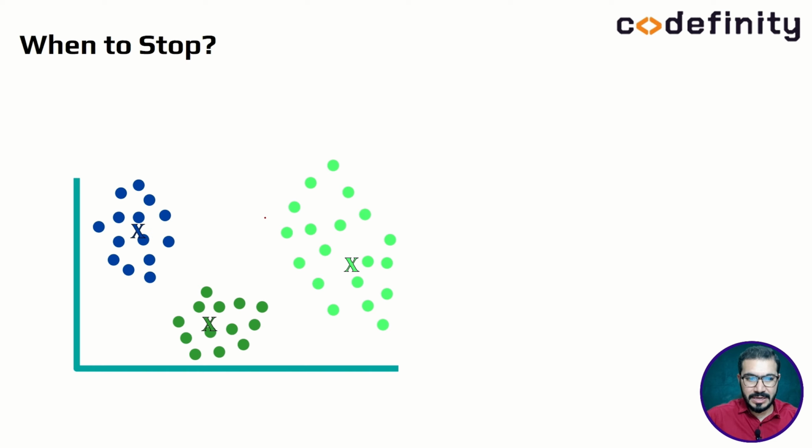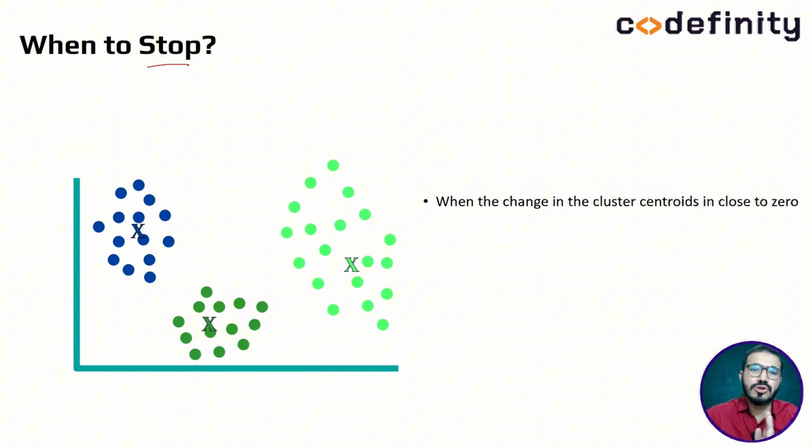Well, how do we know we have reached the final clusters, or when do we stop? We have 2 ways. One is when the change in the centroids of the clusters becomes 0 ideally, or very close to 0. For example, this bluish point was here in one iteration. In the next iteration, maybe it will stay exactly here, and the same goes for this greenish and bluish points as well.